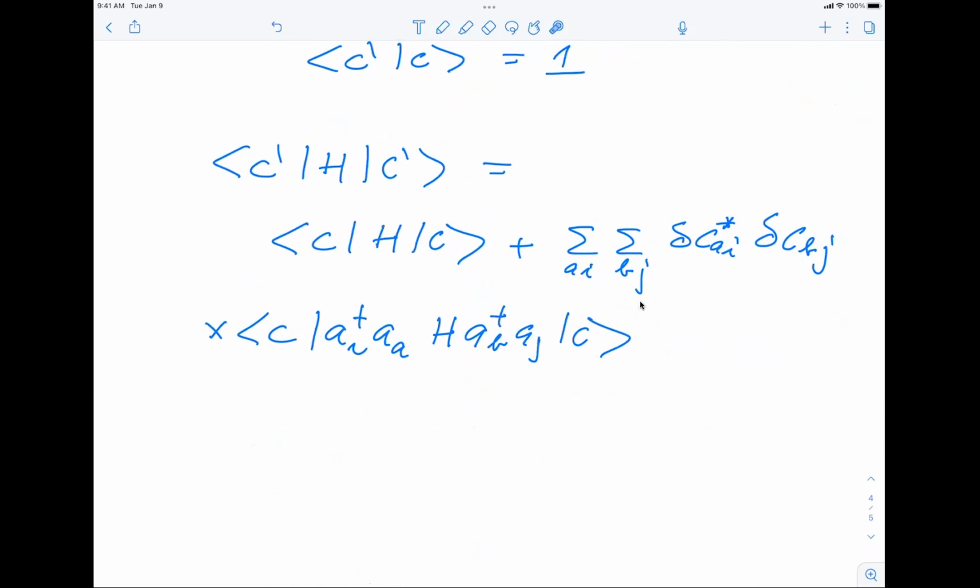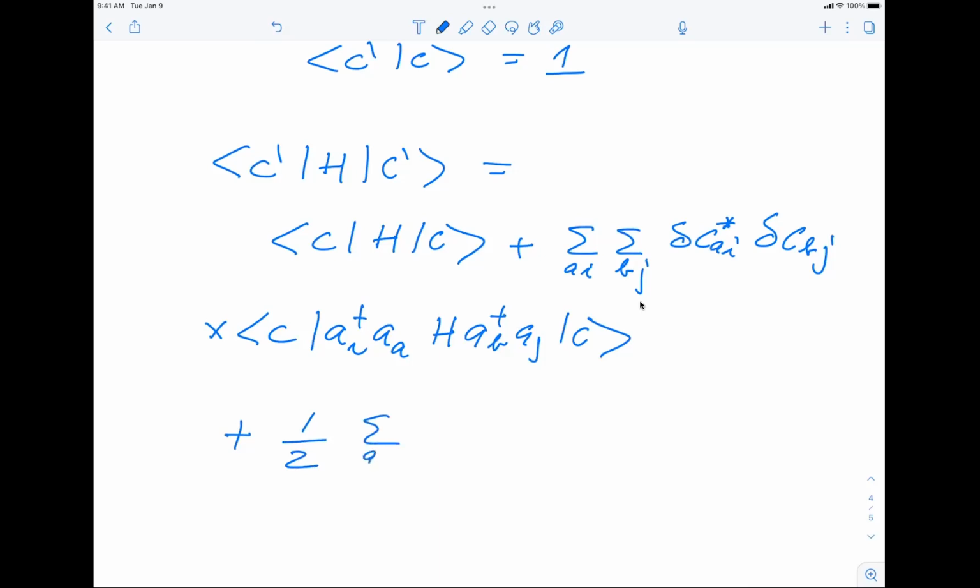If I now stop at second order, I get one term like this, but then I need further terms, and there will be a term here which is going to contain the interaction in a similar way as before with the Hamiltonian. So we're going to get a factor of 1/2 from the Taylor expansion.